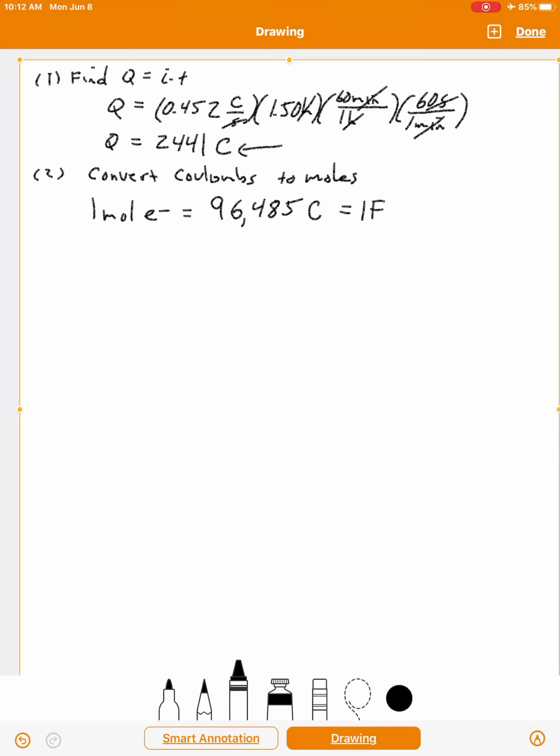So here's how we go about it. 2441 coulombs, and then a mole of electrons is 96,485 coulombs. And so that will convert it into moles. Okay, simple conversion.